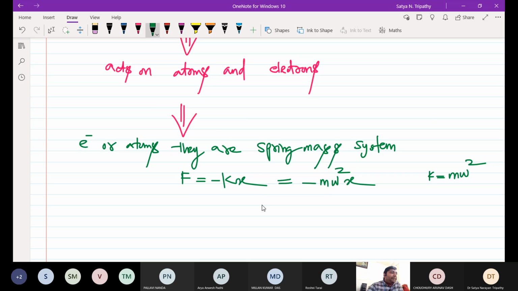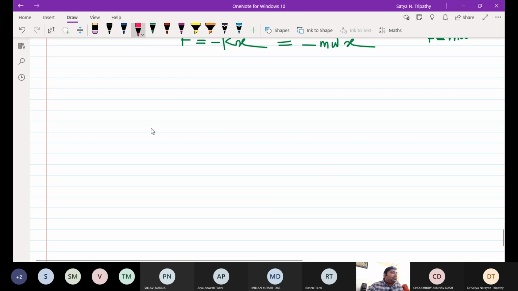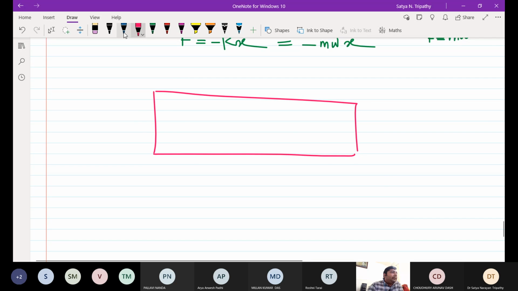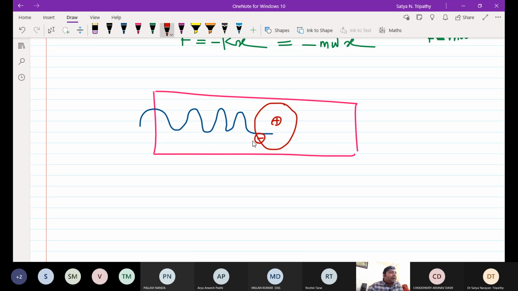So whenever, let me draw an image. This is my material, and the electromagnetic wave is traveling like this, and this is my atom. I'll change to a different color. So this is positive, this is negative. So what actually happens when an electromagnetic wave or force travels through the medium?